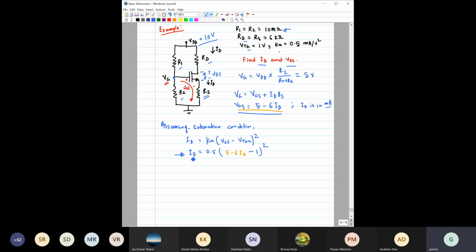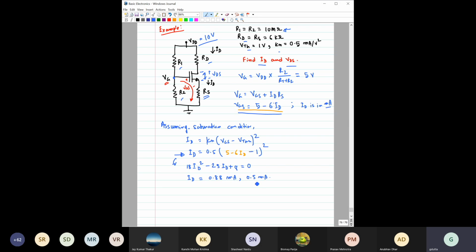So you can see this is the equation where you have ID square. So basically it's a quadratic equation. If you simplify it, you will get a quadratic equation like this: 18 ID square minus 25 ID plus 8 is equal to 0, right? If you solve it, you'll get an ID value of 0.88 milliamps, and we are expecting two values for a quadratic equation, right?